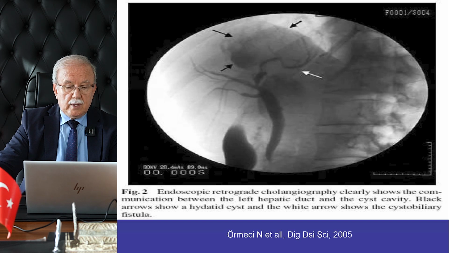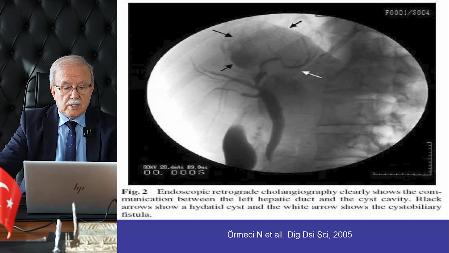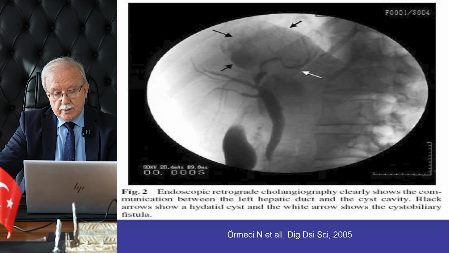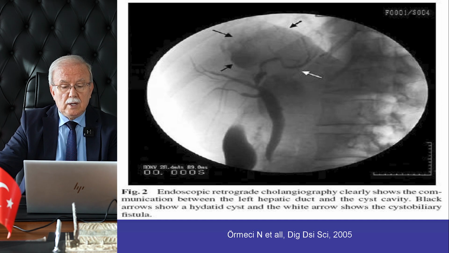This is ERCP. You see here there is a connection between the cyst and the biliary duct. In about 75 patients we did ERCP before and after treatment, because we wanted to check for any complications such as sclerosing cholangitis or others.